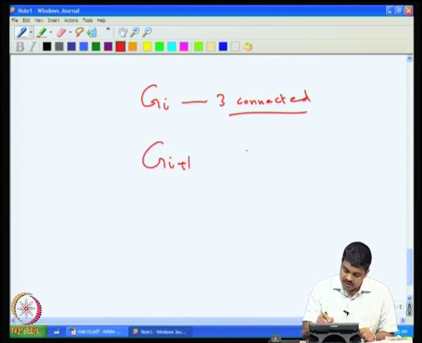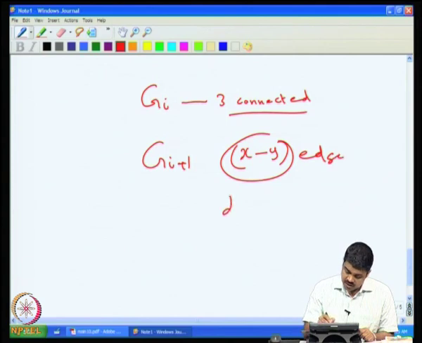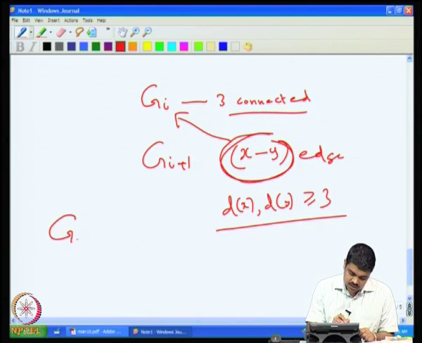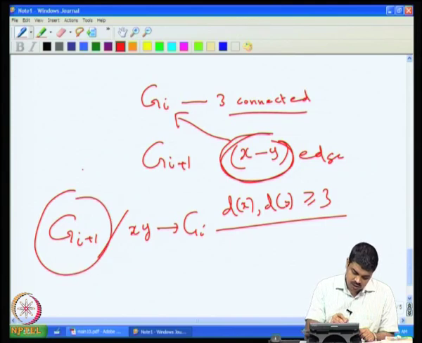There is an edge xy in Gi plus 1 such that the degrees of x and y are both at least 3, and when you contract this edge xy in Gi plus 1, we end up getting Gi. In that case, I want to say that Gi plus 1 is also 3 connected.